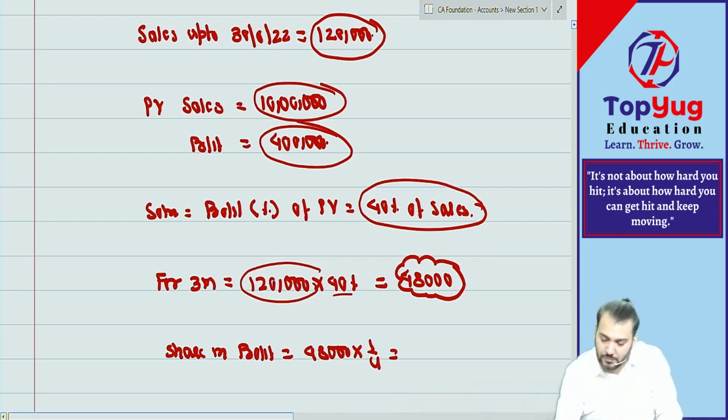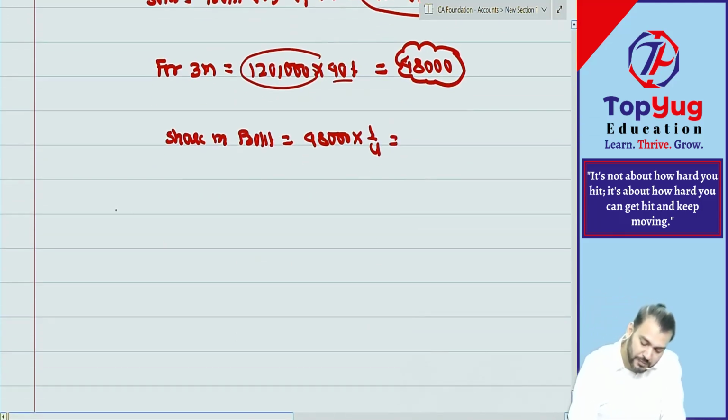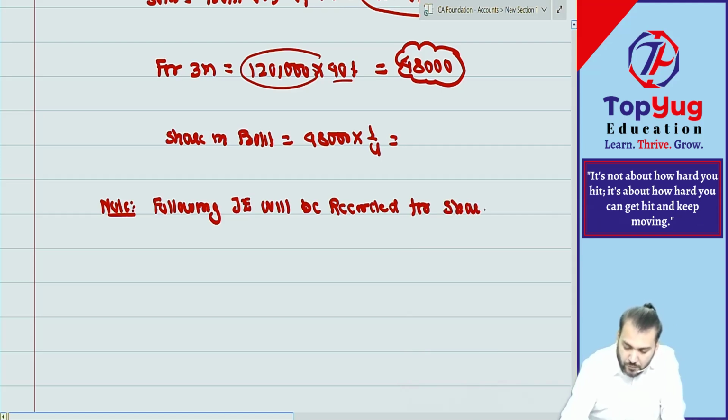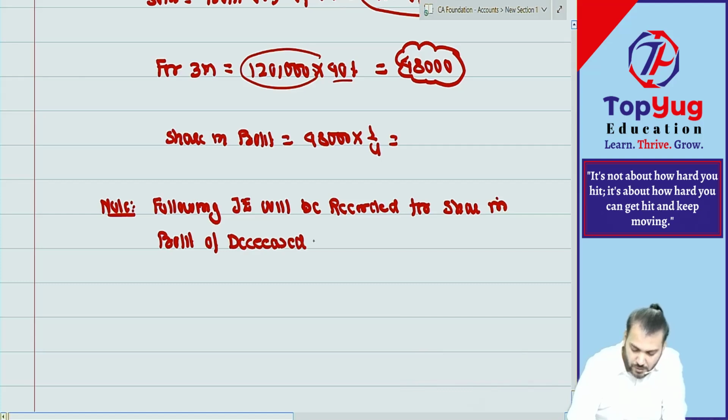Have you understood? Let us note the next point. The following journal entry will be recorded for sharing profit of deceased partner.